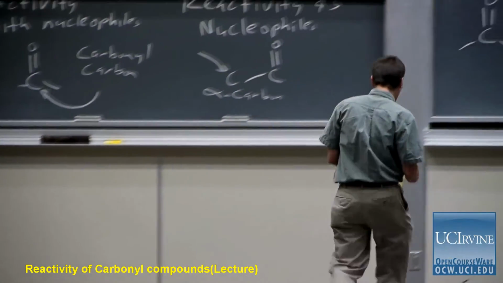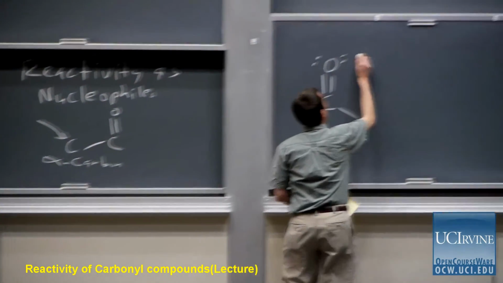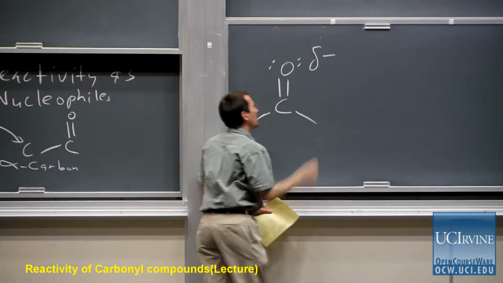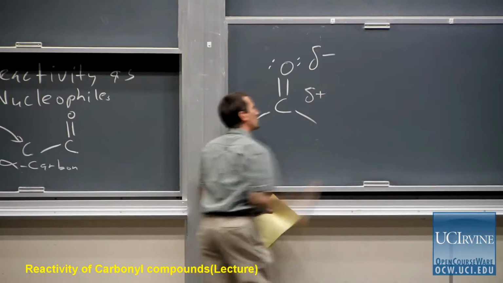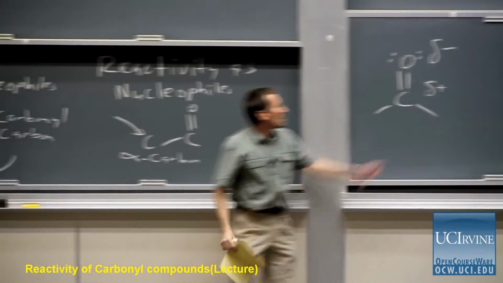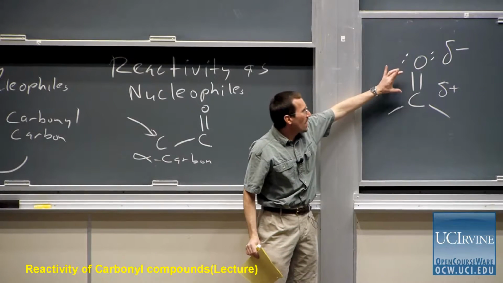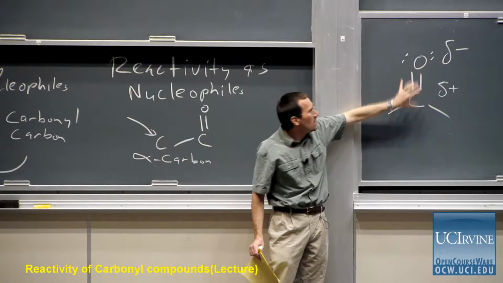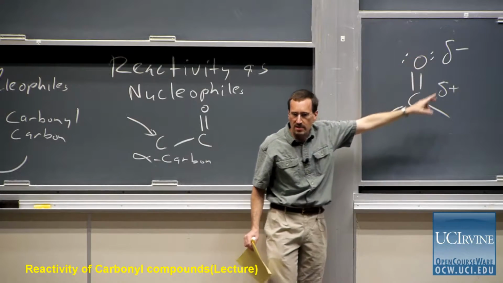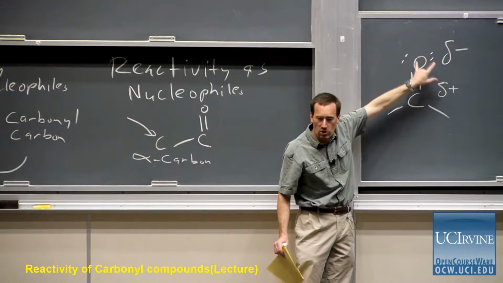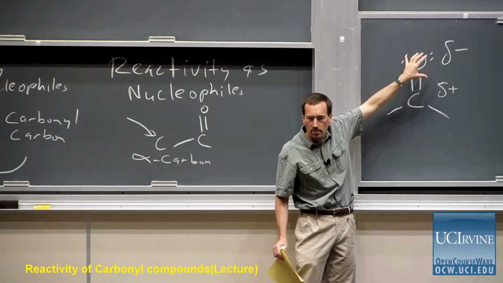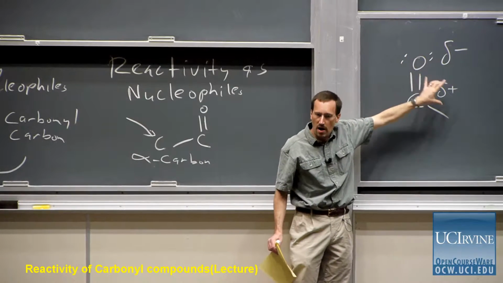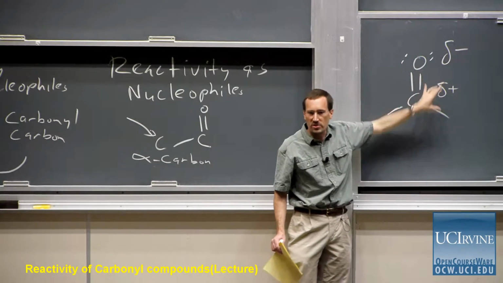And so I can represent that in terms of a partial negative charge and a partial positive charge. In other words, since the electrons, while spending time between oxygen and carbon, spend a little more time at oxygen, we shift our charge over to oxygen. There's a partial negative charge. Our carbon is a little bit deficient in charge.